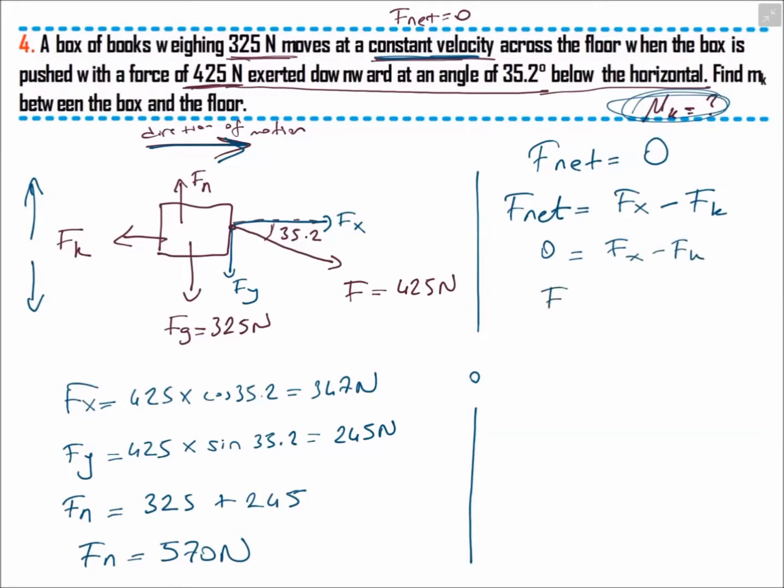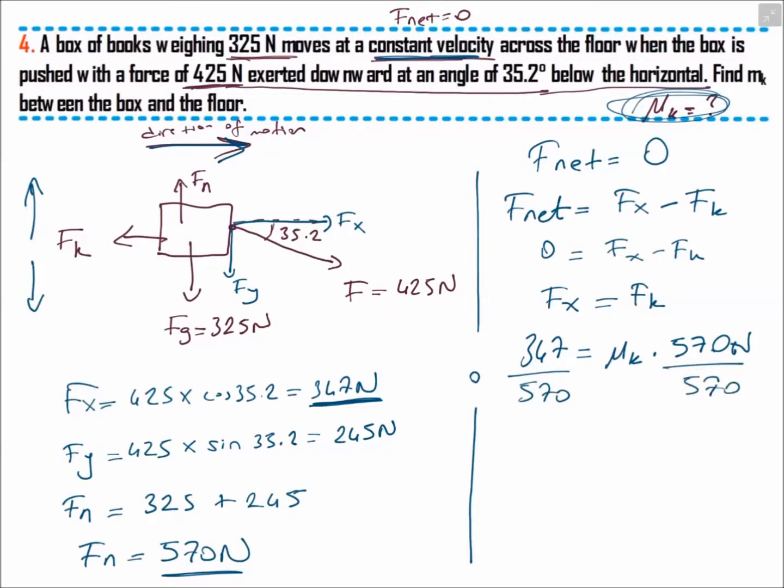So in this question, Fx equals Fk. And we have calculated Fx, which is 347, equal to Fk. The Fk formula is mu k times Fn, and the Fn is 570 Newton, we can say. If we divide both sides by 570, mu k is going to be 0.6.